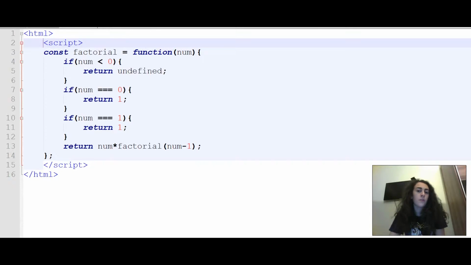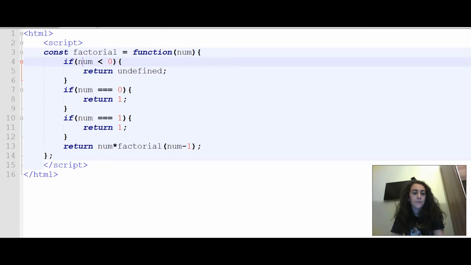A factorial of a number is defined as the multiplication of all the numbers starting from 1 to the given number inclusive. And so, for my function, I've defined the num, which is the stop value and the value of the factorial that will be returned.